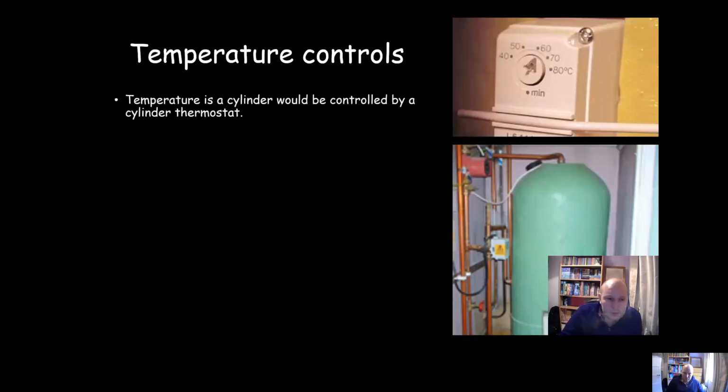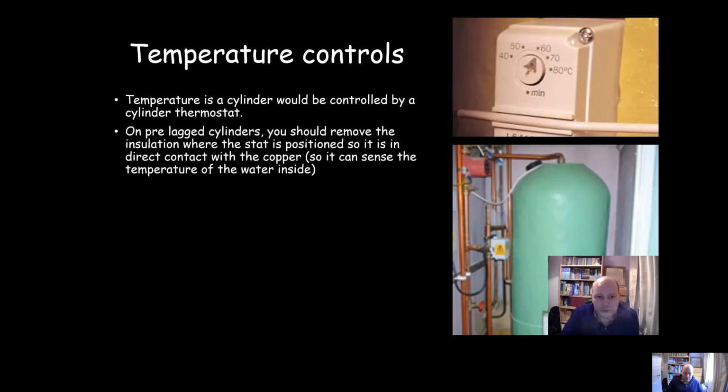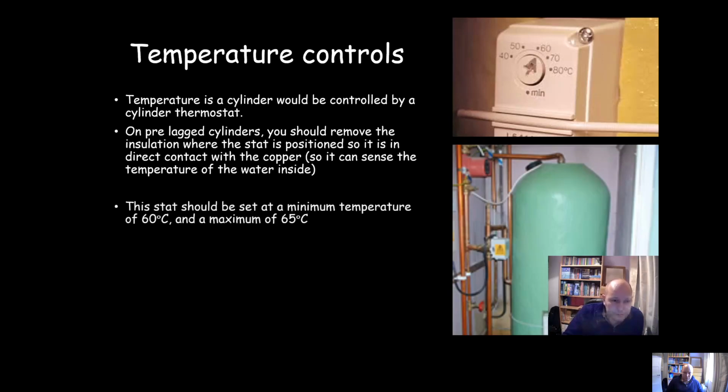Temperature controls. Temperature to the cylinder would be controlled by a cylinder stat. It should be fitted a third of the way up from the base of the cylinder. Worth noting, if you do have a pre-lagged cylinder, you should cut the insulation off where the cylinder stat is going to be fitted, because that way it can actually sense the temperature of the water inside the cylinder.